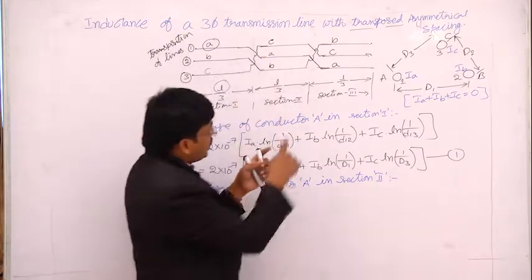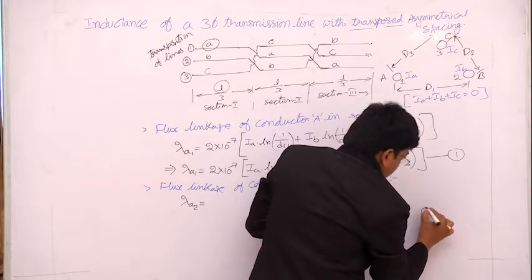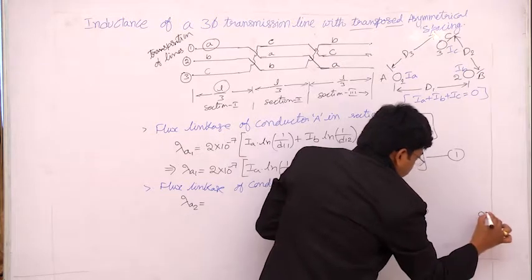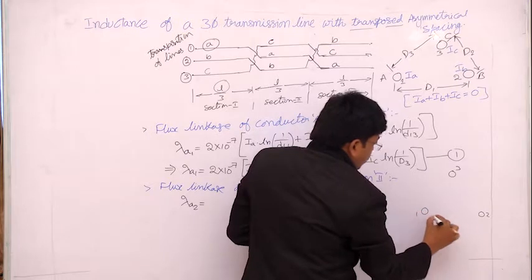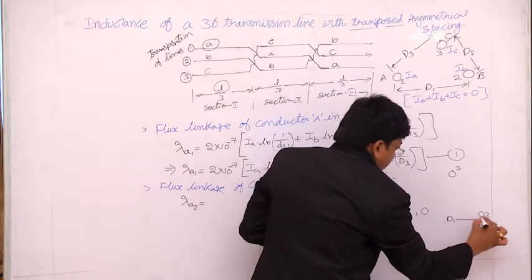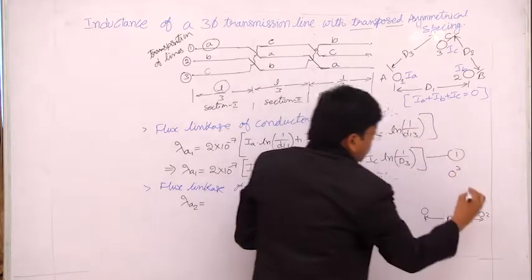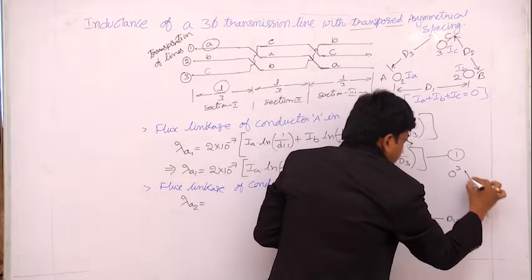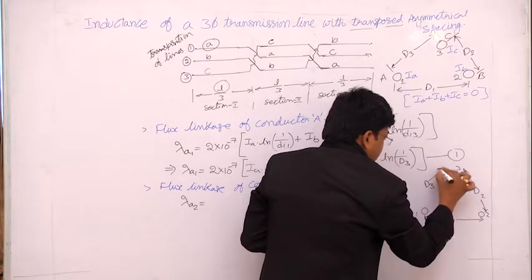From this configuration I have to draw the same diagram. What we have is conductor 1, conductor 2 and conductor 3. The respective conductors are the same. Here the distance between conductor 1 and 2 is the same D1, conductor 2 and 3 is D2, and conductor 1 and 3 is D3.